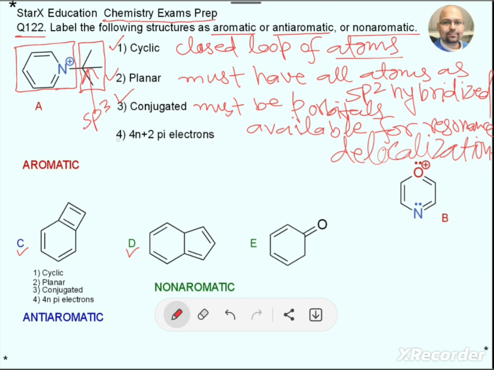And the fourth condition is that the species must have 4n plus 2 pi electrons.